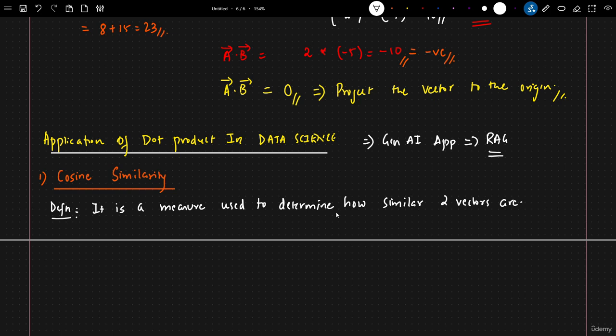It is basically used to determine how similar two vectors are.